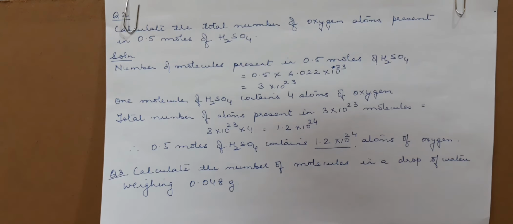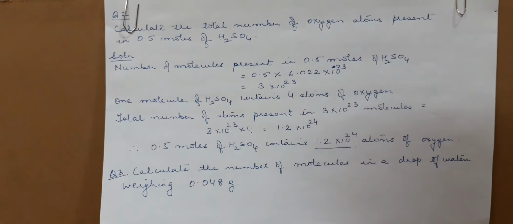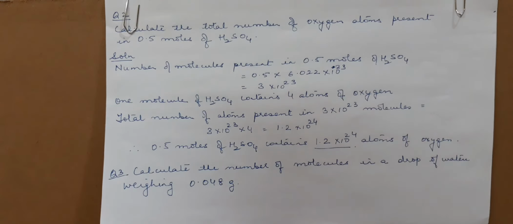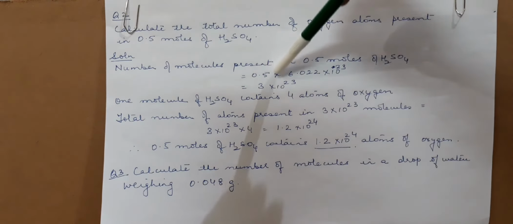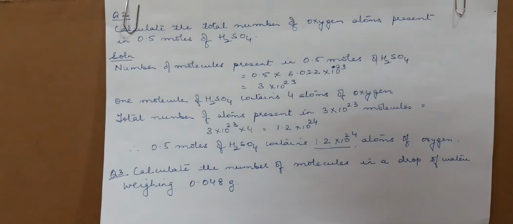How many molecules are present in 0.5 moles of H2SO4? The number of molecules present in 1 mole is 6.022 into 10 to the power 23. So in 0.5 moles it would be 0.5 into 6.022 into 10 to the power 23, that is about 3 into 10 to the power 23. That many molecules are present in 0.5 moles of H2SO4.